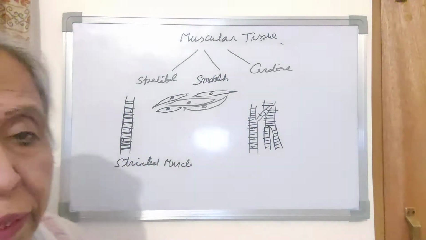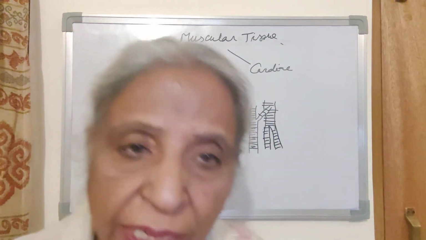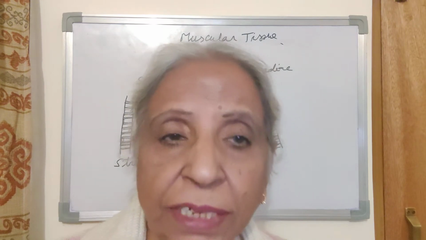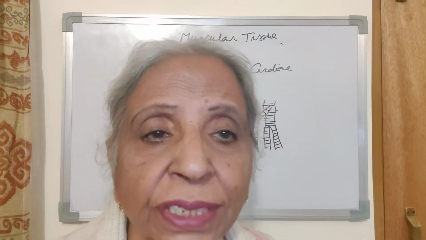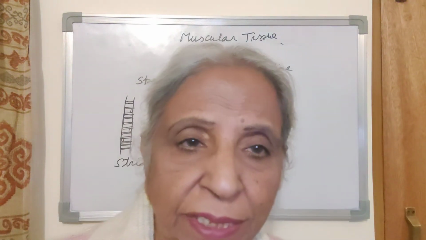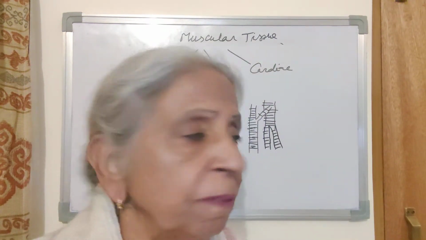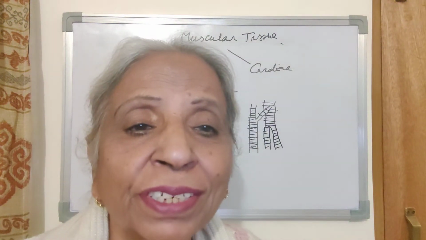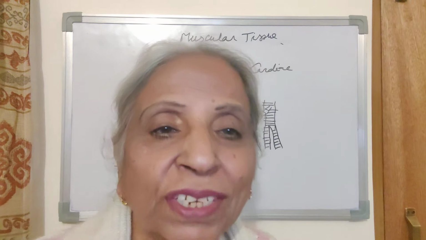These cells are multinucleate. Many of the cells group together to form a muscle along with the connective tissue. These are called the striated muscle fibers.